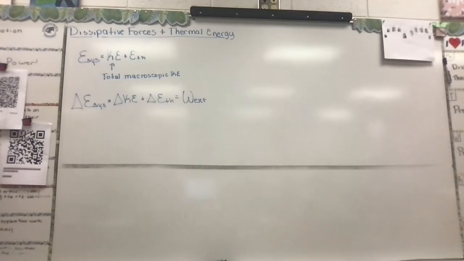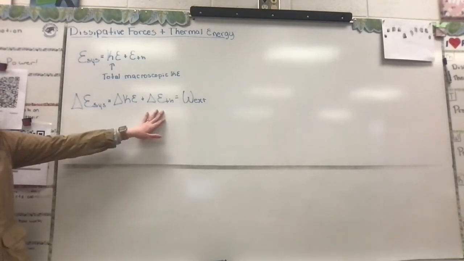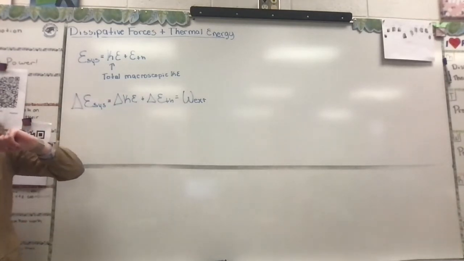The external work is the work that we do on the system, the work we're doing on the sofa. So the work done on the system could increase the system's kinetic energy, it could increase the system's thermal energy, or it could increase both of them.